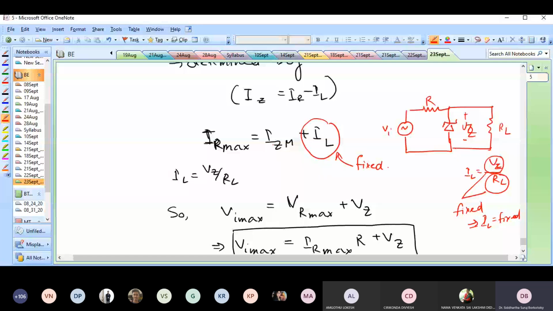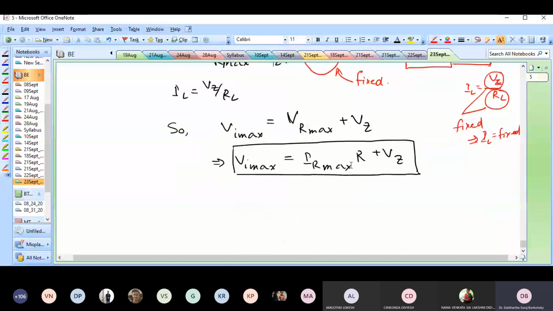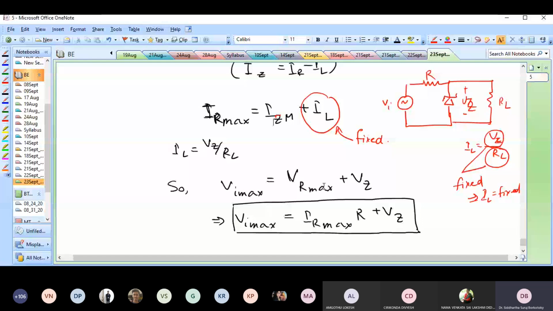So if you increase the Zener current, IR max must increase, so for the maximum value of IR, I will have the maximum Zener current. Now, what is the maximum Vi allowed? That would be the maximum voltage drop across R. If you keep on increasing IR, your IZ will also increase.